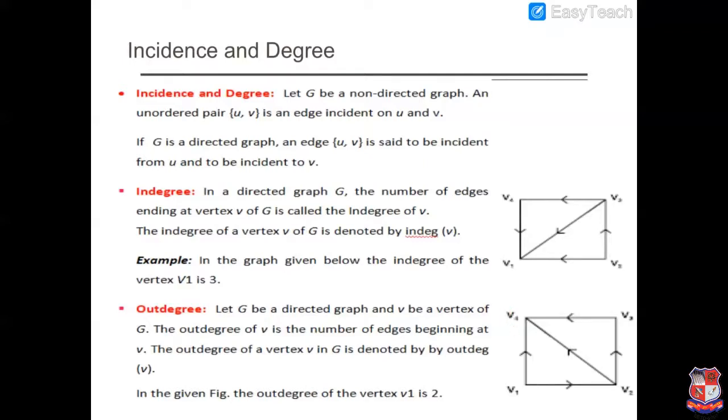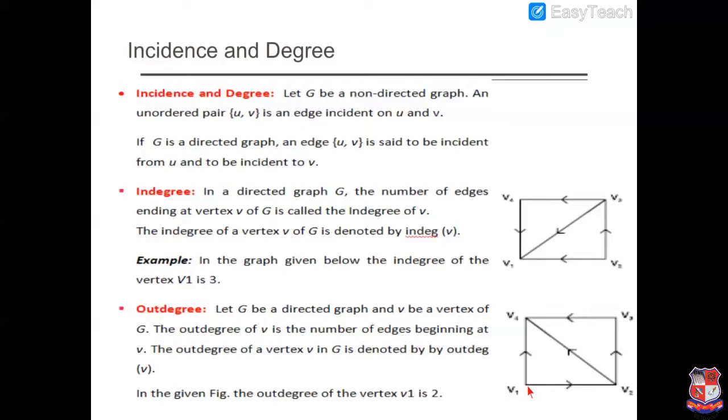Now what is total degree? The total degree is the addition of in degree and out degree at each vertex. For example, in this graph at vertex V1, the in degree of vertex V1 is 0 and the out degree of vertex V1 is 2.